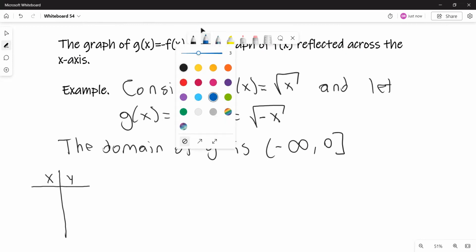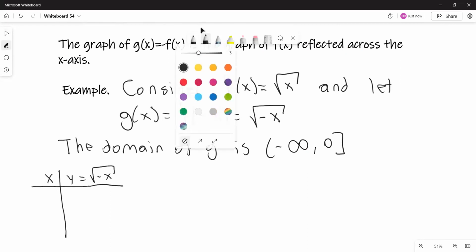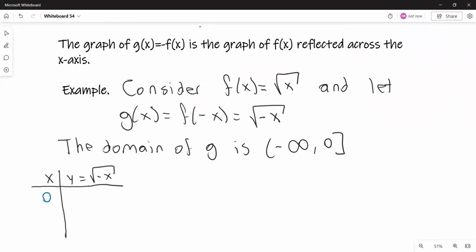Okay, so we are going to plot some points. So if I let x be 1, the square root of negative 1 is not going to be a real number. So we're going to take the opposite of 1. The opposite of negative 1 is 1, and the square root of 1 is 1.